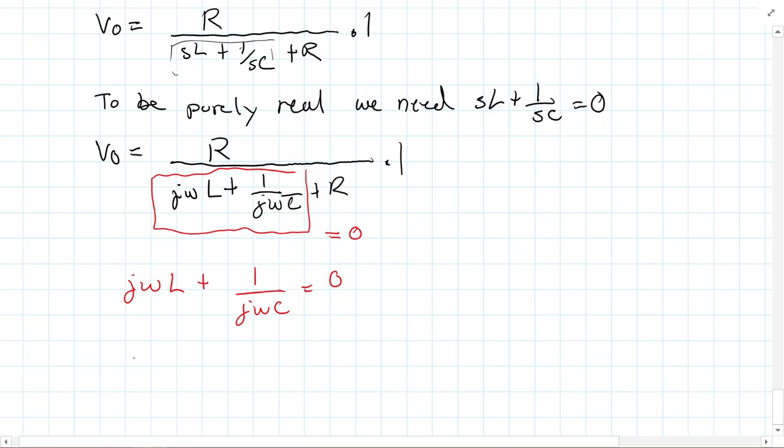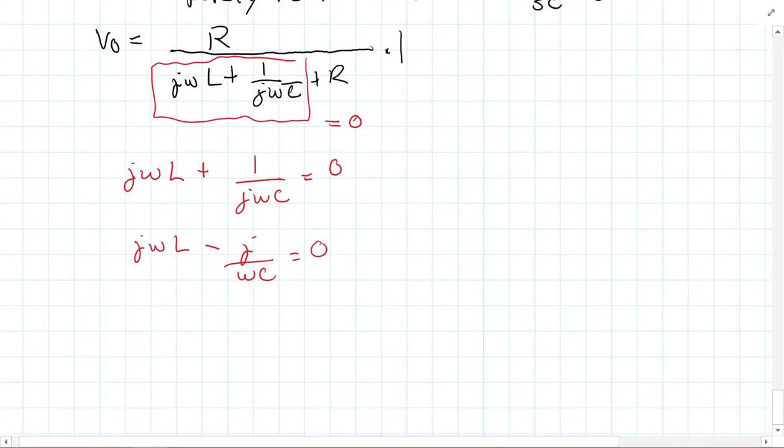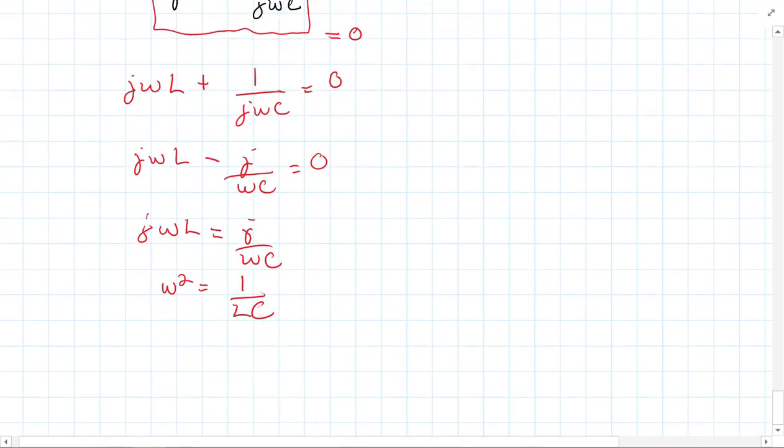Just remembering things here, this would be the same thing as minus j over omega C equaling 0. So solving this, we get j omega L is equal to j over omega C. Omega squared is equal to 1 over LC.